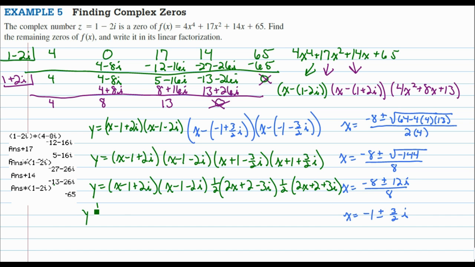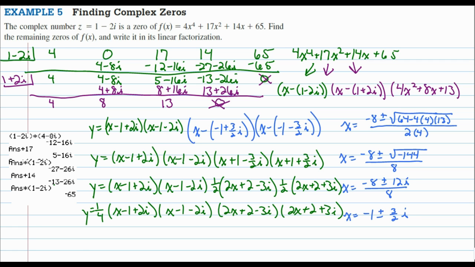So my factorization is 1/4, the two 1/2s in front, times x minus 1 plus 2i times x minus 1 minus 2i times 2x plus 2 minus 3i times 2x plus 2 plus 3i. Whew. So that is my linear factorization.